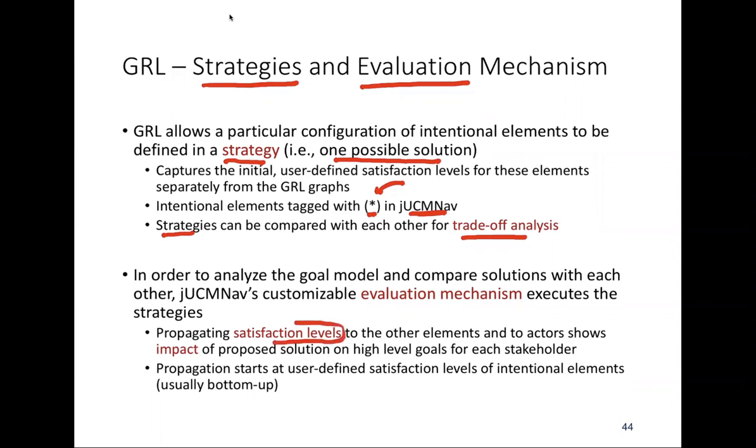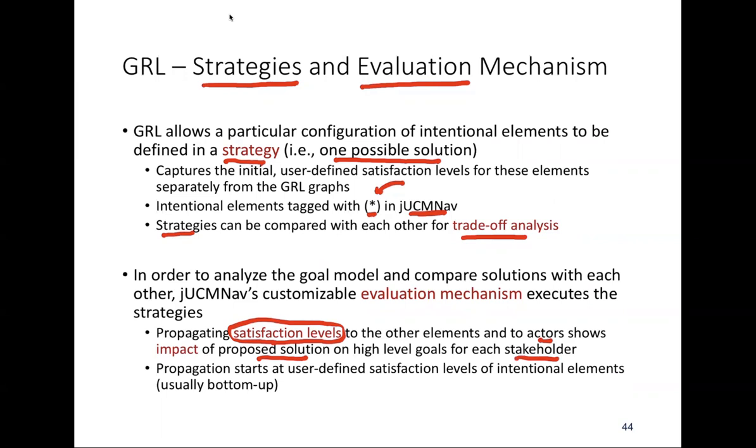That means we should have some initial satisfaction level that would be propagated to the other elements and even to the actors to show the impact of the proposed solution, or strategy.